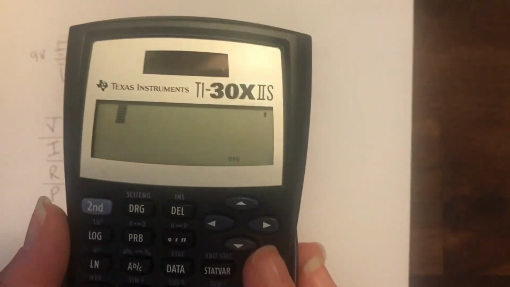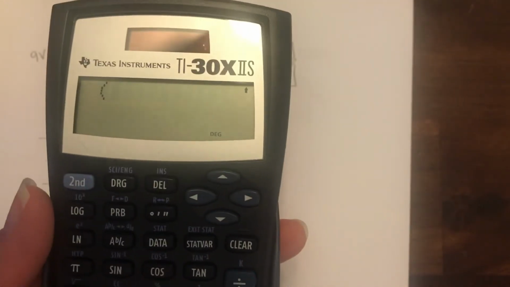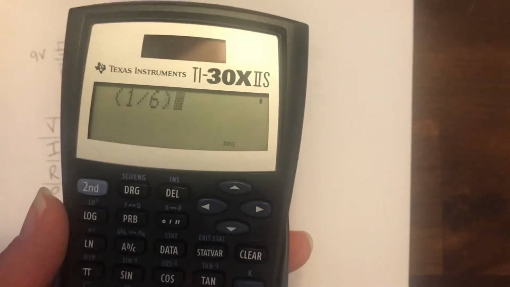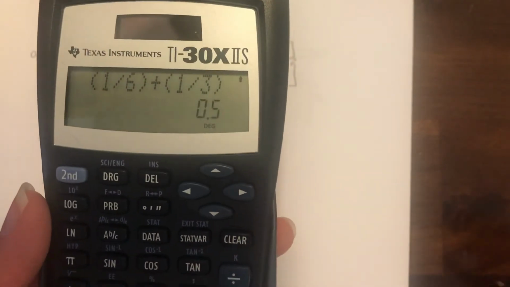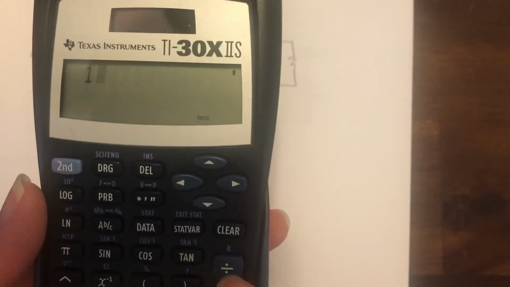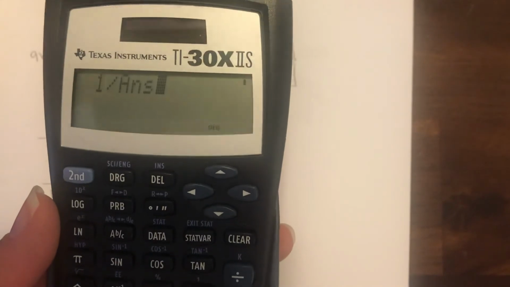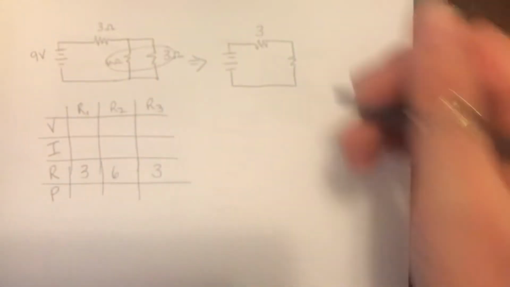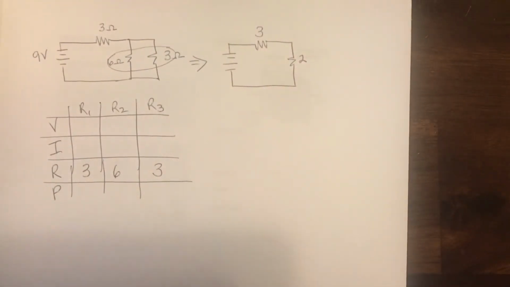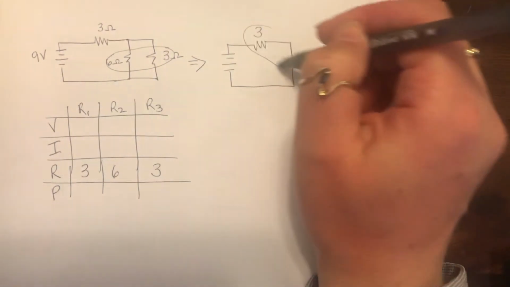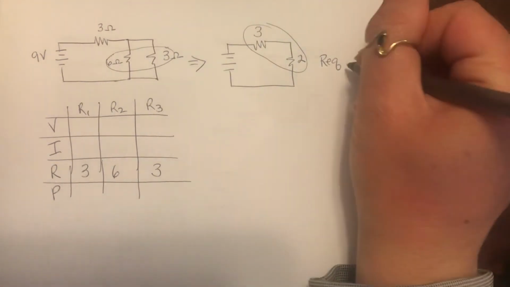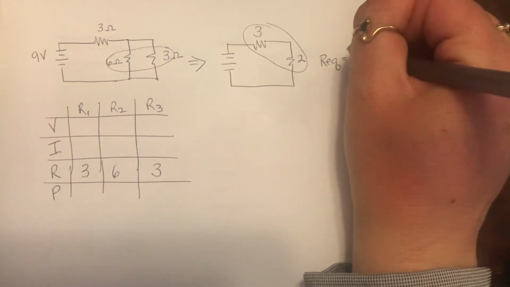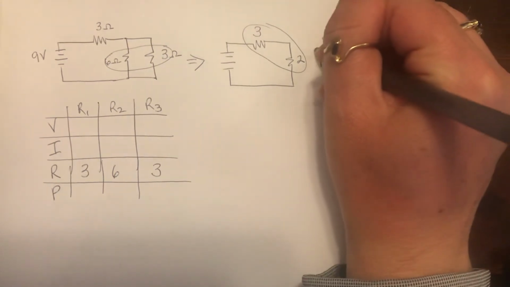Since they're in parallel, I'm going to do 1 over 6 plus 1 over 3, and then we have to do 1 over that, and we get an answer of 2. This works out nicely because REQ is going to give us a nice, beautiful number. These two are in series, which means we can add them, so our REQ is 5 ohms.